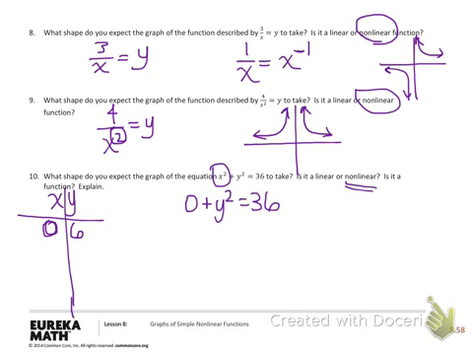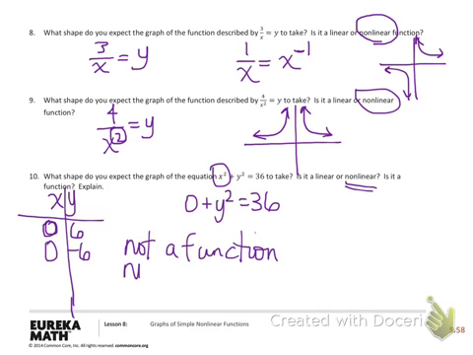But y could also be something else. y could be negative 6. So that gives us two things that y could be for the same input. So this is not a function. I'm going to write that over here though. This is not a function because of that.